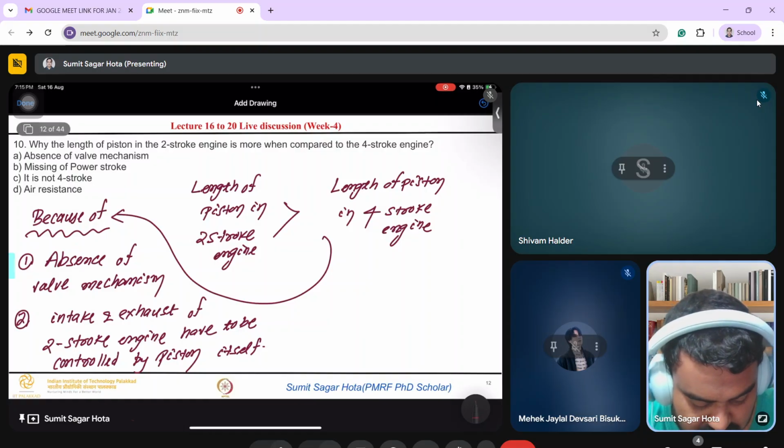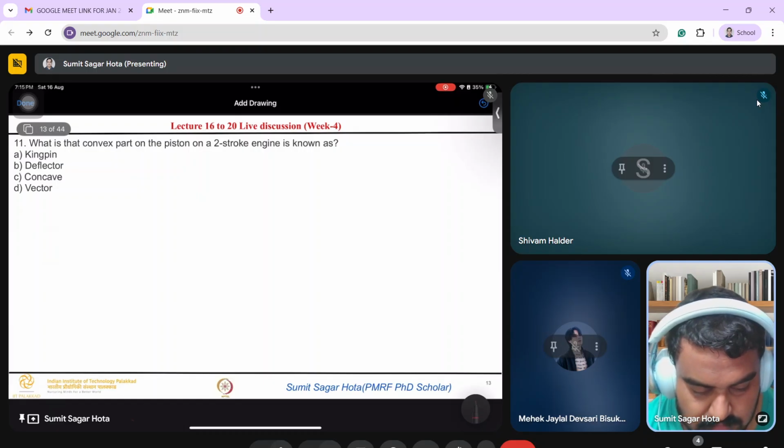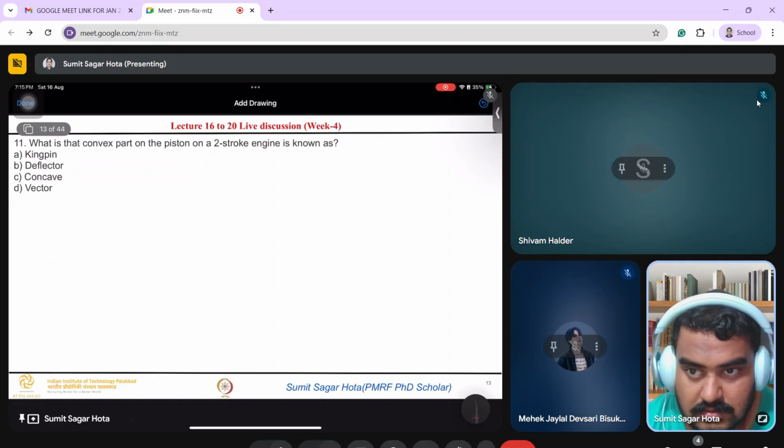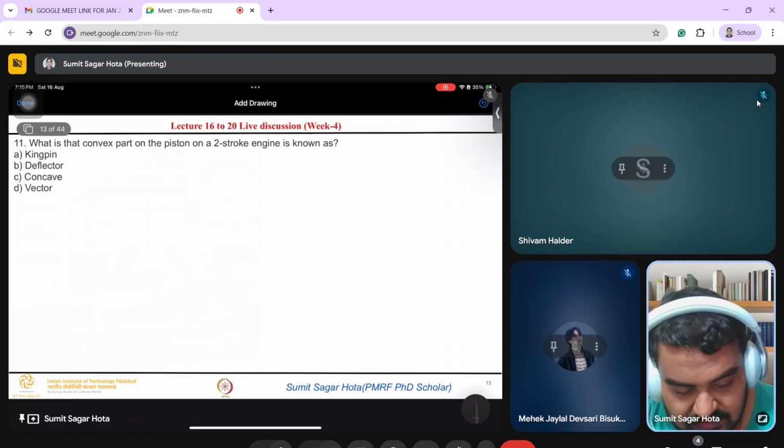Let's go to the next one. What is that convex part on the piston of a two-stroke engine known as? Obviously, a deflector.